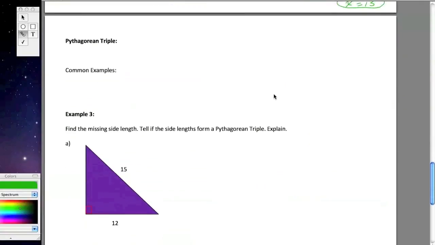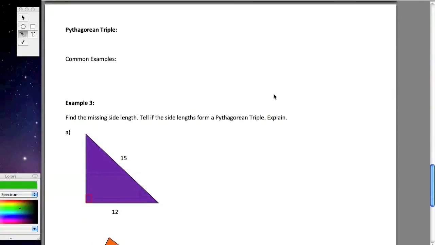A Pythagorean triple is a set of whole numbers a, b, c, so that a squared plus b squared is equal to c squared.